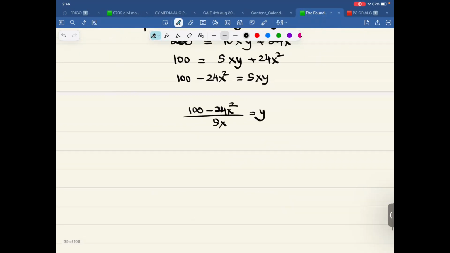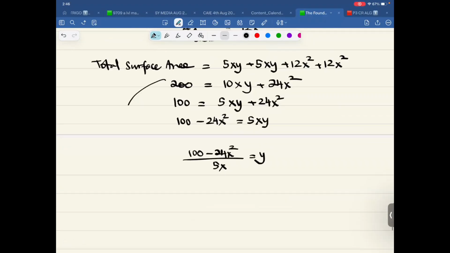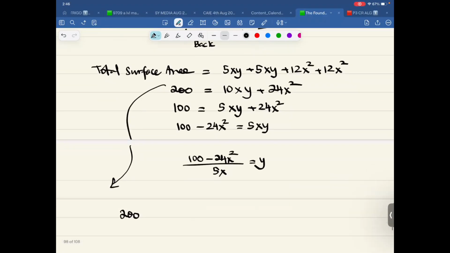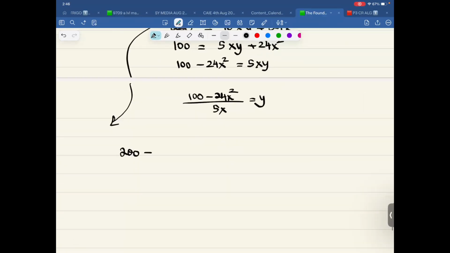If I don't simplify it, alternatively, let me choose this option: 200 minus 24x square divided by 10x is y. That is what the examiner has asked for, so I leave the answer as it is. Is this proof all good, all clear, making y the subject?